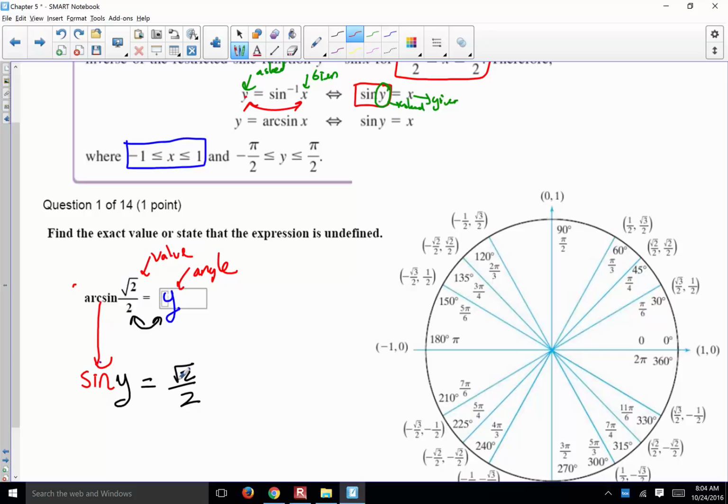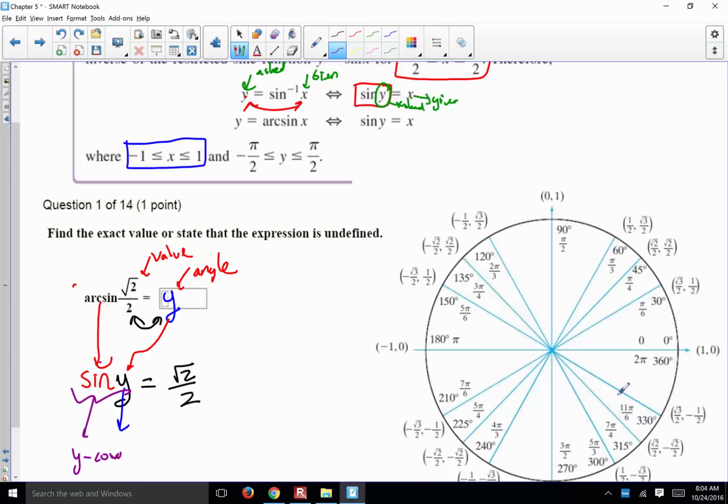Now the value went to the right, angle is to the left. Okay, now take a look at the wheel and which angle under sine gives us root 2 over 2. So sine means in the wheel x coordinates. No, it's y coordinates, right? Sorry. Y coordinates.